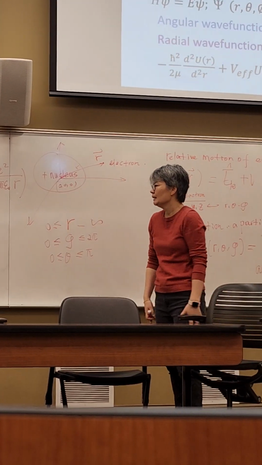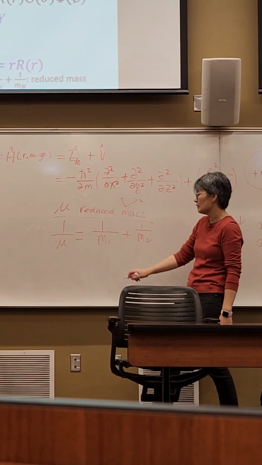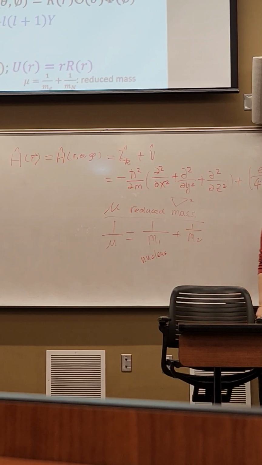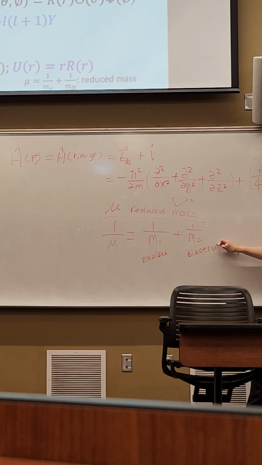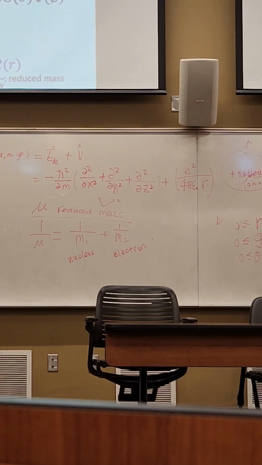All right, now for us, what do we have? We have one for the nucleus and one for the electron. Now if you use the reduced mass, consider the whole thing as an entity.